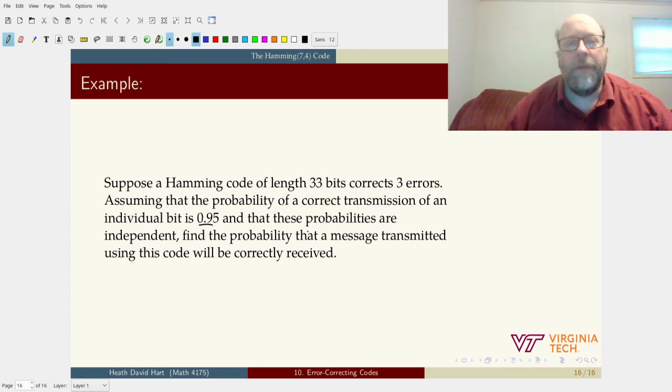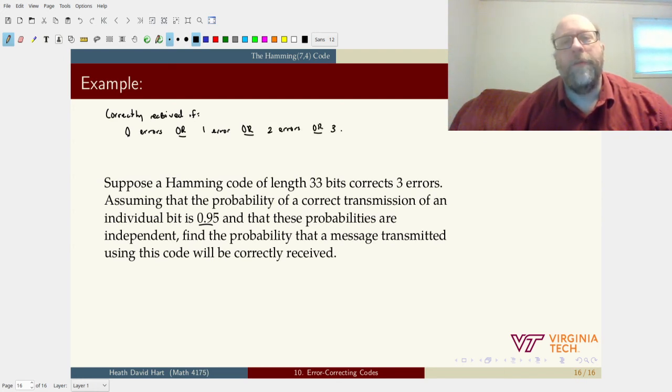So this ties into some combinatorics that you have had in the past. The message will be correctly received if there were 0 errors, or 1 error, or 2 errors, or 3 errors.